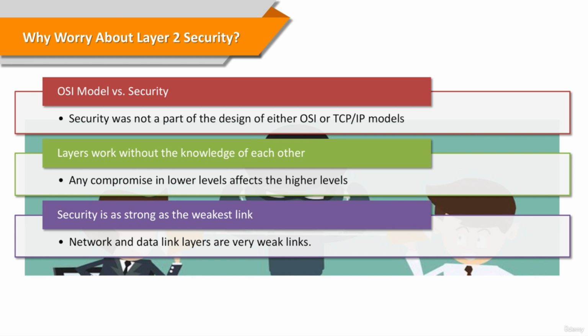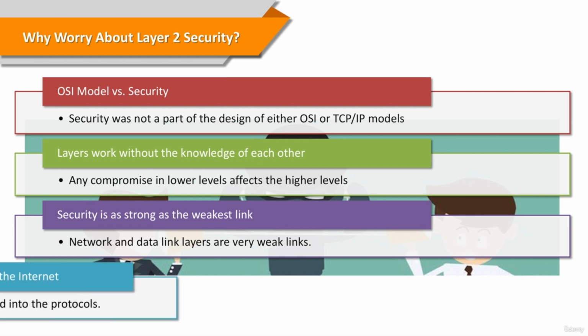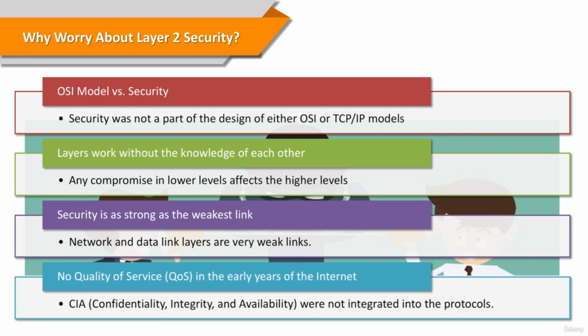So when it comes to networking, layer 2 is one of the weakest links. The protocols developed in the early years of the internet did not require quality of service, QoS. For example, short delays in the protocols could be ignored. So the key principles of information security, the CIA triad, confidentiality, integrity, and availability, were not integrated into the protocols, or they are really weak.